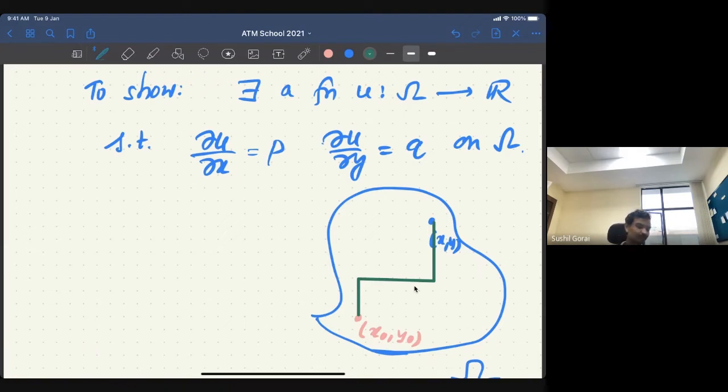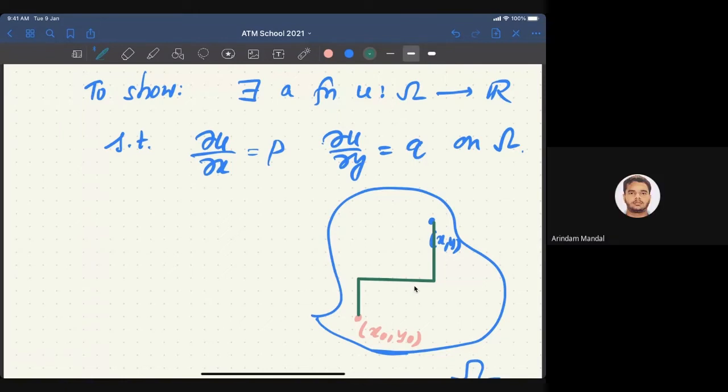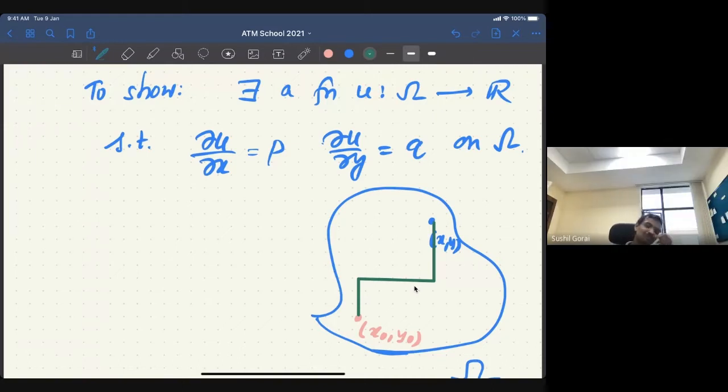So is there any problem if we use this curve? Any question? Omega has to be a path connected space. Omega is an open set. Each component is path connected, so there is no problem in there. It is enough to work with one component, so you can use path connectedness.